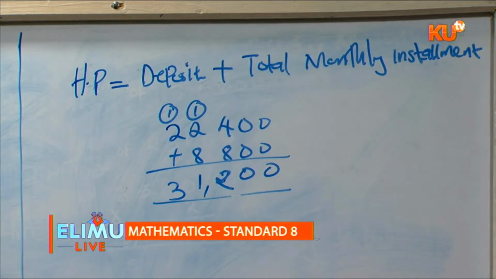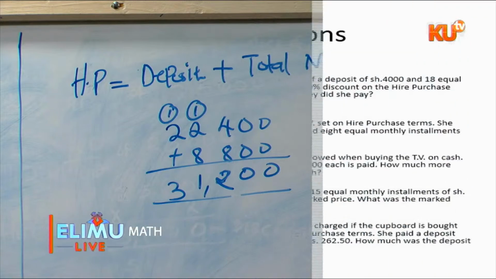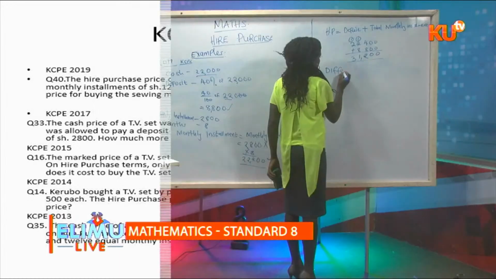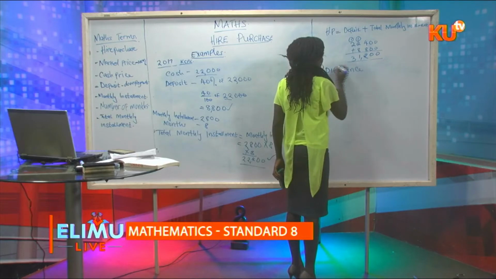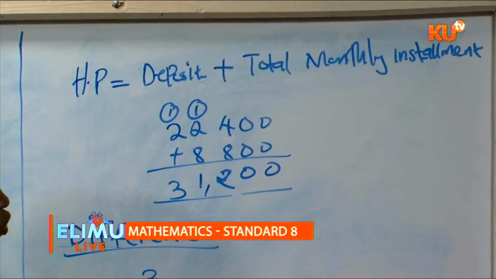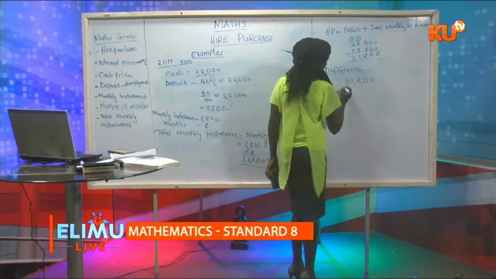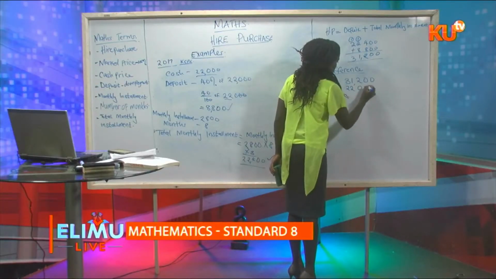Then the question was, how much more did she pay than the cash price? The cash price was 22,000. So we come and get the difference. That 31,200, that is the hire purchase, less 22,000, which was the cash price.